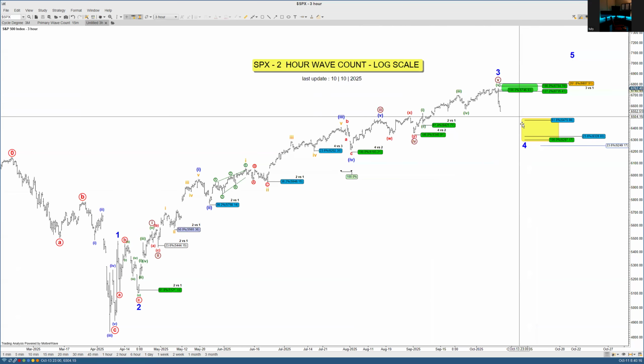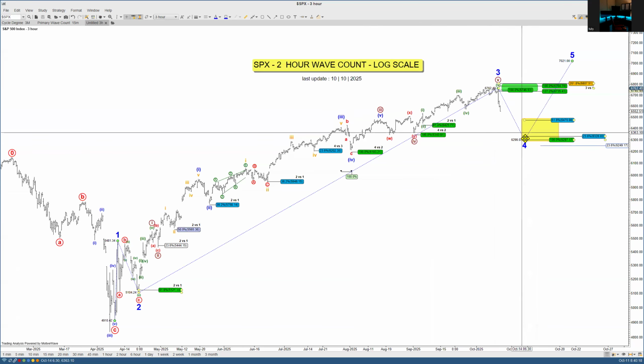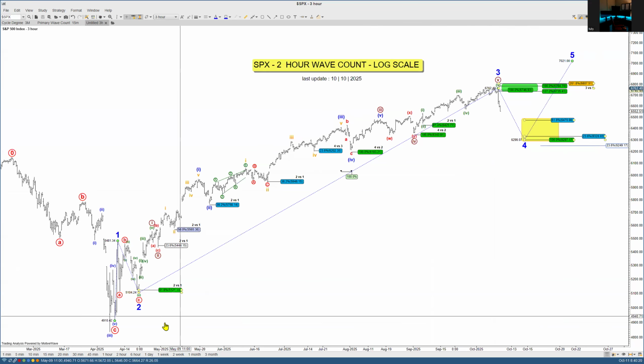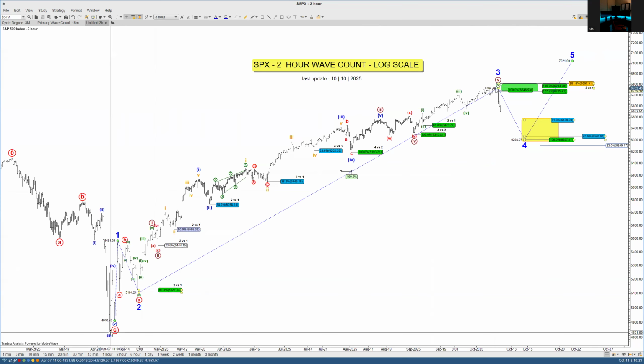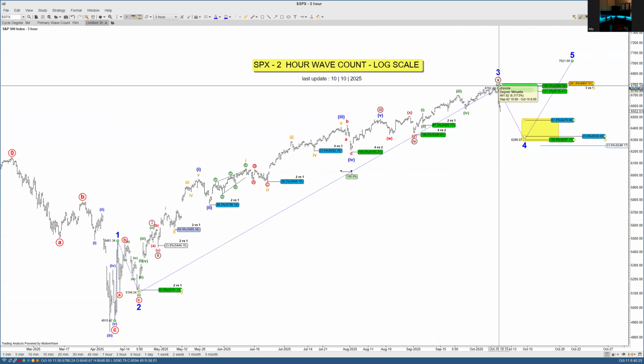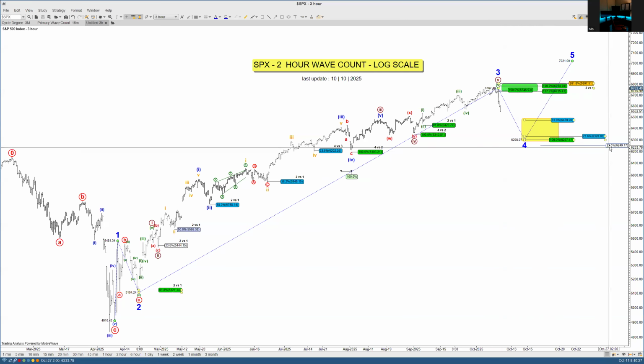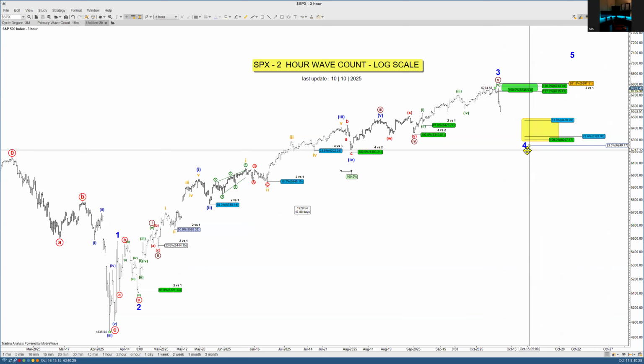So how is this fourth wave going to unfold? If we go back from the April low to this high, the 23.6% retracement is at 6250.